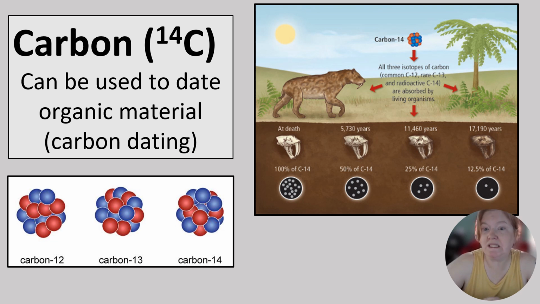So things that were once living, like trees or people or animals, skeletons. Okay, what do we look for? How much carbon-14 is left. And over time, the carbon-14 naturally decays. So as things are older, there's going to be less of the carbon-14.